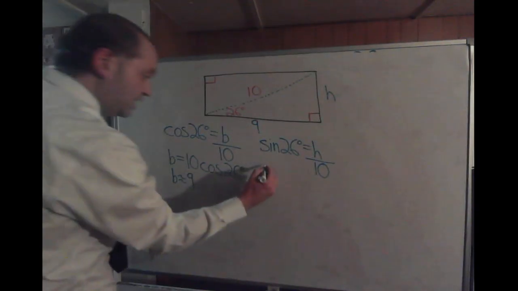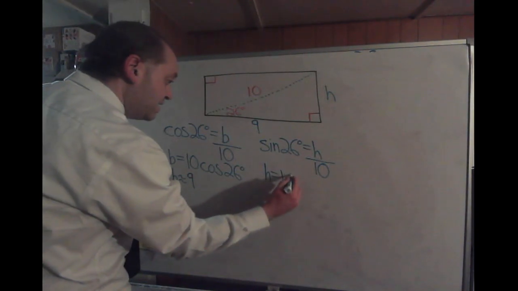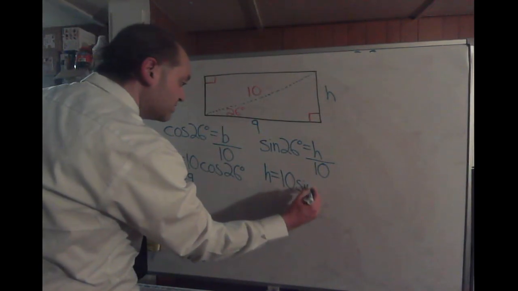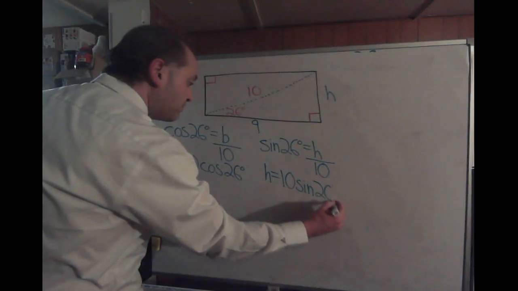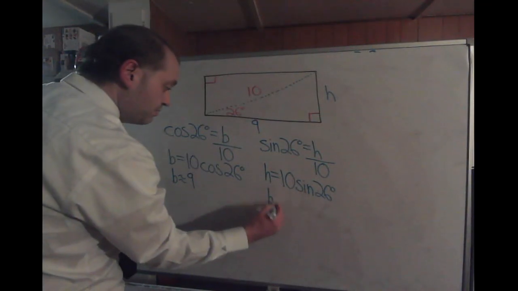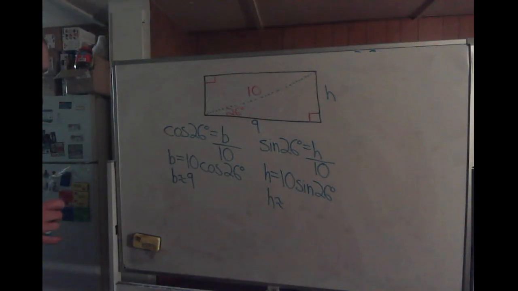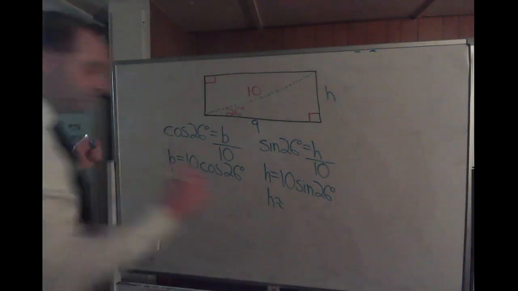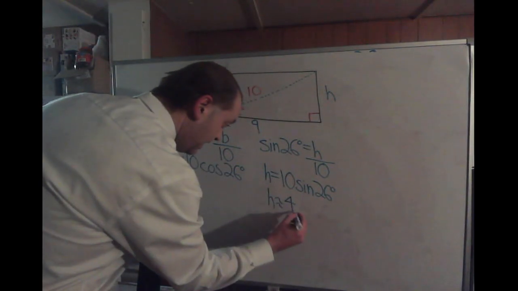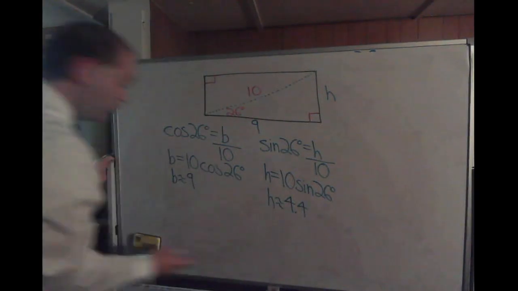And then, of course, the height would be equal to 10 times the sine of 26 degrees, which then we will approximate to the nearest tenth for the height. So let's do this. Again, make sure your calculator is in degree mode and not in radians. That'd give you about 4.4. So the height is approximately 4.4.